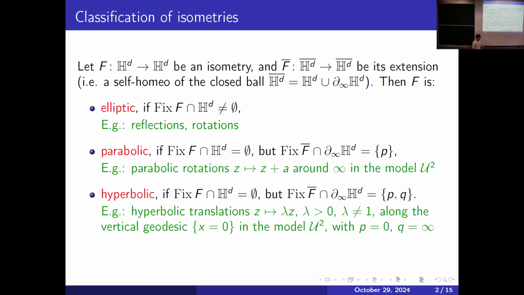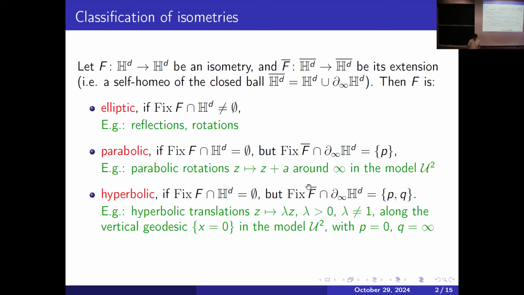This is a translation along a vertical half line from 0 to infinity, so it's the vertical geodesic defined by the equation x equals 0. And the fixed points here are p equals 0 and q equals infinity.